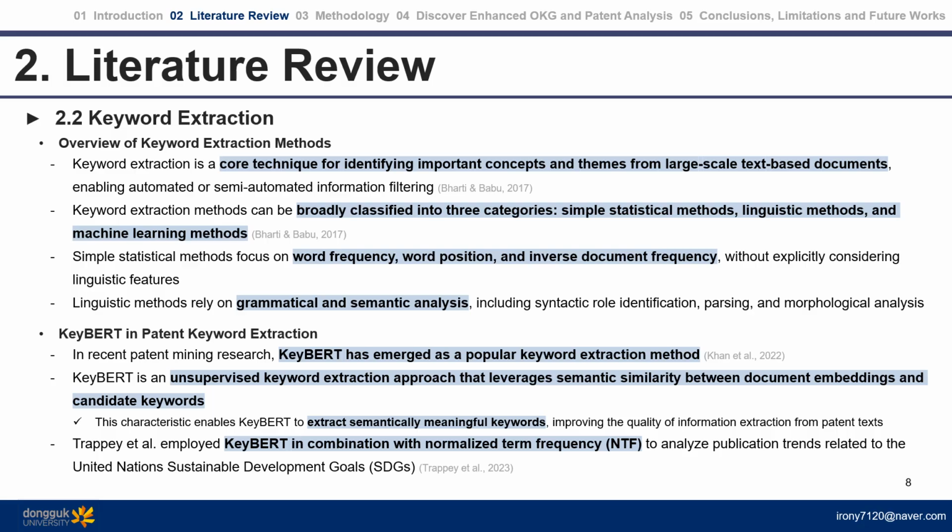In recent patent mining research, KeyBERT has emerged as a popular keyword extraction method. KeyBERT is an unsupervised keyword extraction approach that leverages semantic similarity between document embedding and candidate keywords. This characteristic enables it to extract semantically meaningful keywords.